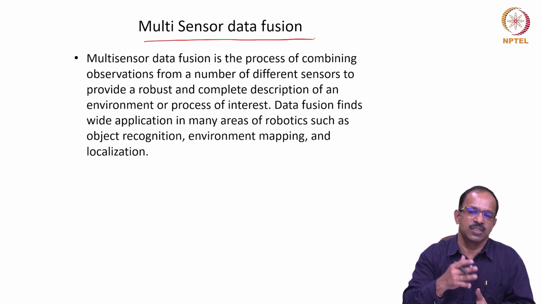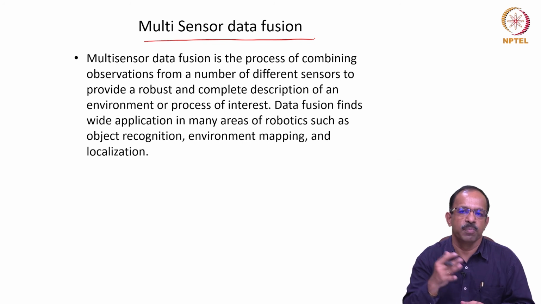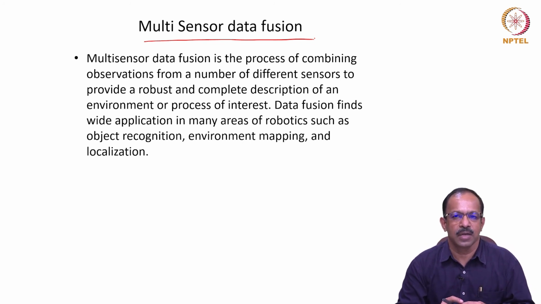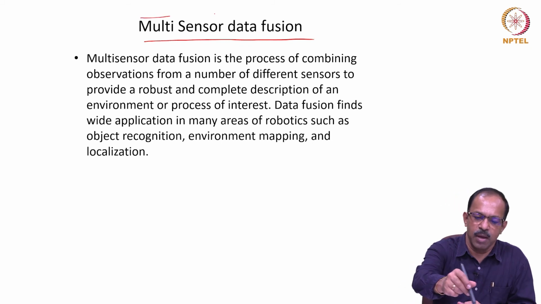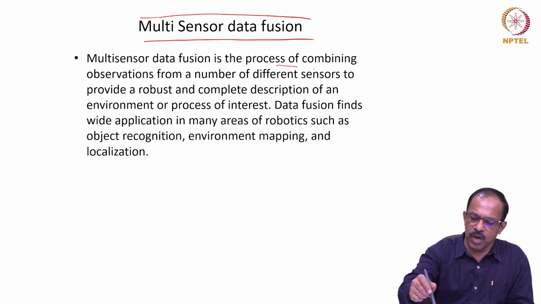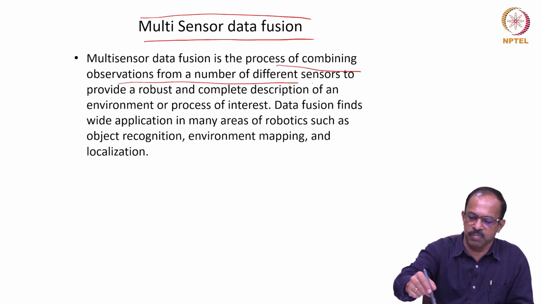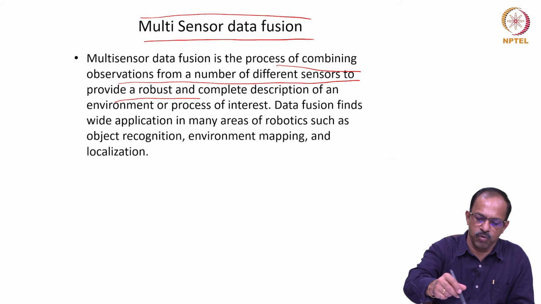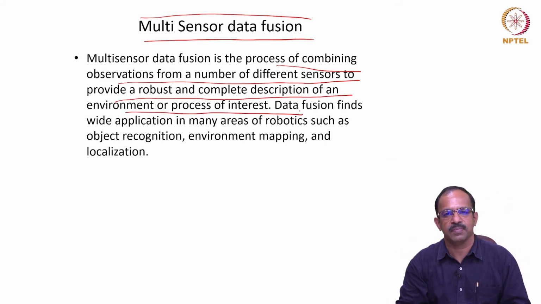Though there is error propagation, still you will be able to correct the errors or to bring down the errors to some extent by having a multi-sensor data fusion. This is the process of combining observations from a number of different sensors to provide a robust and complete description of an environment or process of interest.